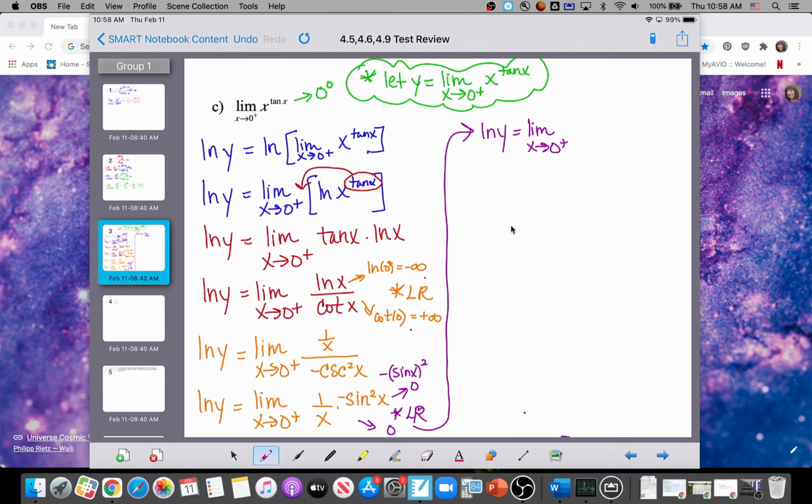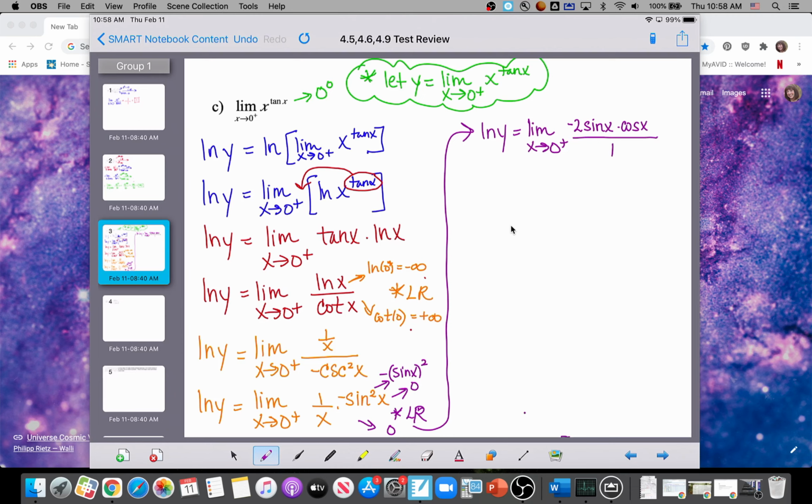When I take the derivative here, this is going to require us to do chain rule. So we would bring down the 2, and that would become negative 2 times sine x. But then we have to multiply by the derivative of sine x, which is cosine x. And then our denominator, the derivative of x, is going to become 1.